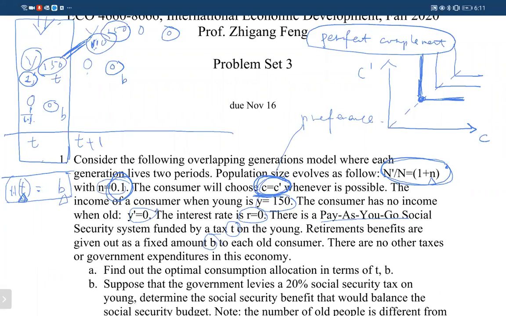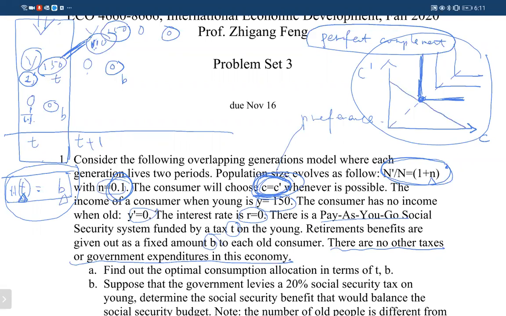Now, the question first part asks you, okay, let me finish. There are no other taxes or government expenditure in this economy. So in that sense, this equation is going to summarize the government's behavior. And this diagram is going to summarize households' behavior. By the way, you should realize you should have a budget constraint, right?